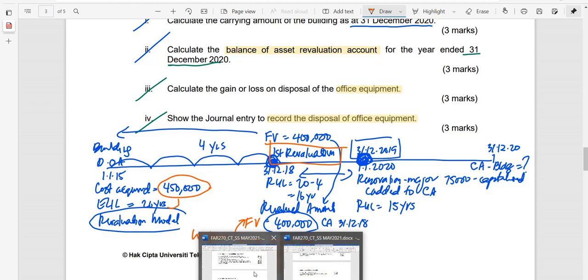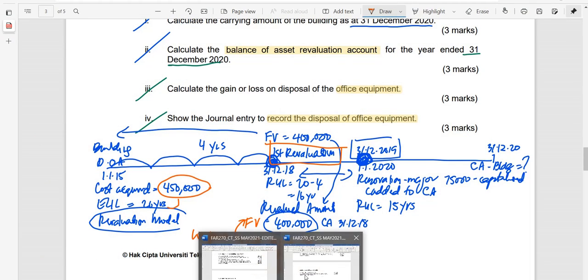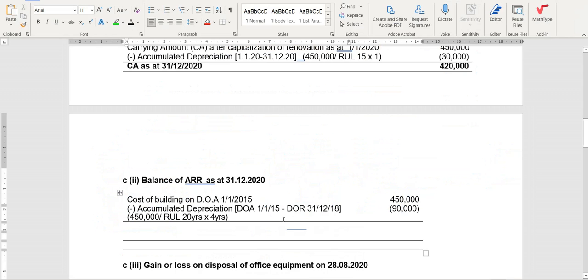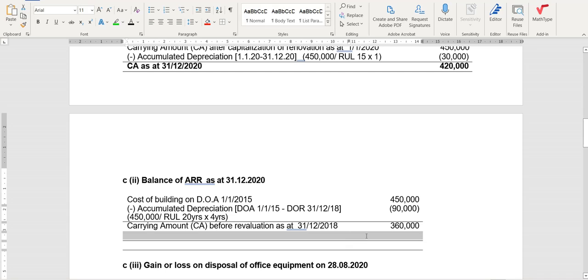And you will get the amount to be 90,000. Then you will have the carrying amount on 31st of December 18, 360. You will compare the carrying amount with what? With the fair value. Fair value as at 31st of December, which is the carrying amount after the revaluation, 400,000 at the end of the year.